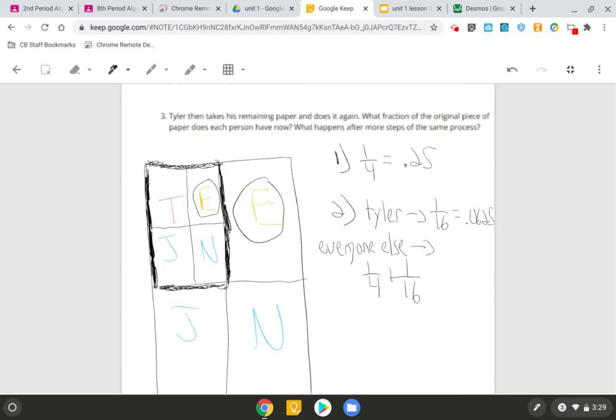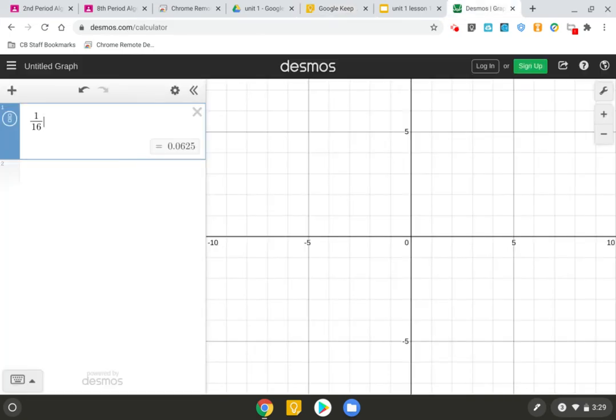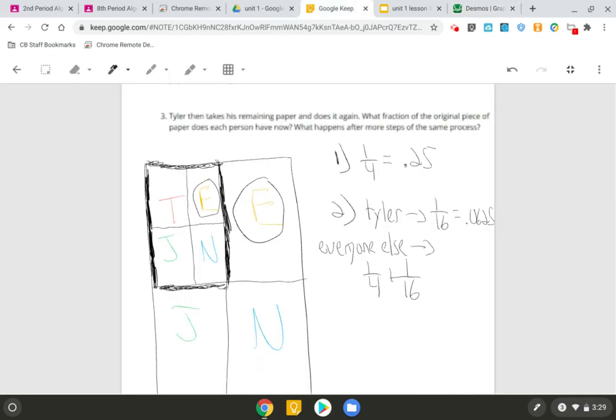Okay, they're going to have those 2 pieces. So if we go in Desmos now and add that, everybody else is going to have 1/4 plus 1/16. So that's going to be 0.3125.